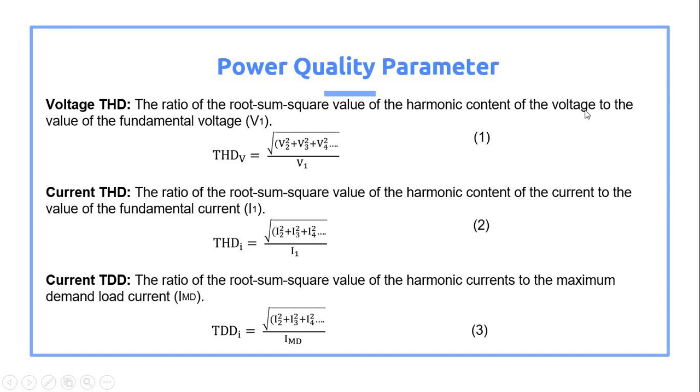If it is current THD, then it is the ratio of RMS value of the harmonic content of the current to the value of fundamental current. So this is current THD. And the total demand distortion is the ratio of RMS value of harmonic current to the maximum load current. So this is TDD.